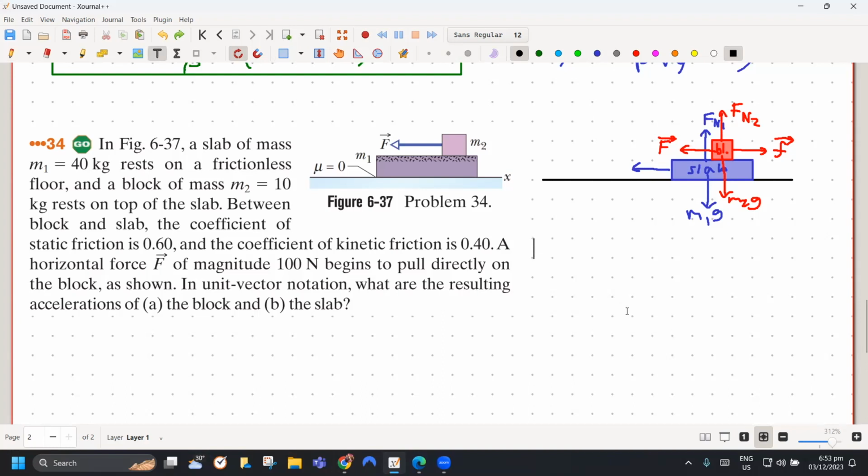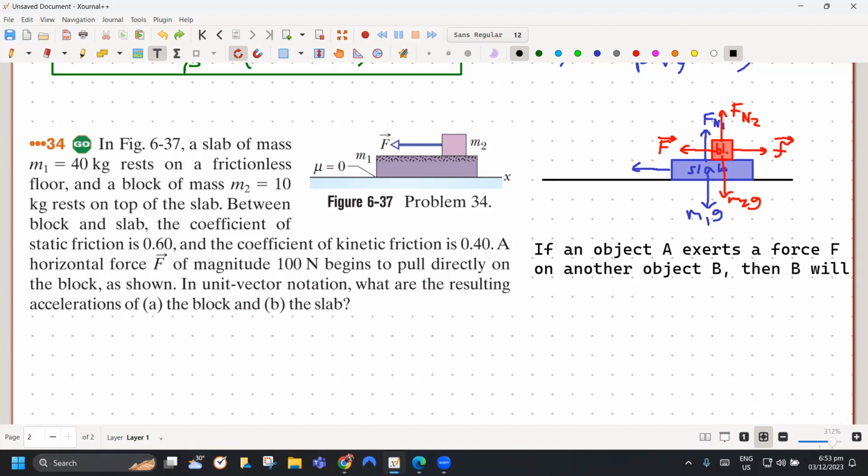If an object A exerts a force F on an object B, then B will exert an equal and opposite force on A.